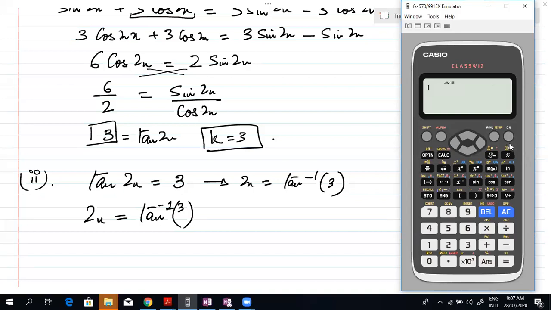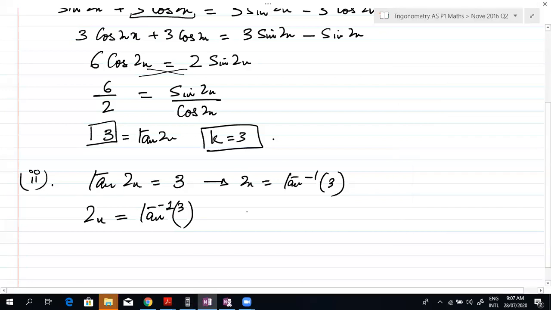The question says it was in degree mode since it's minus 90 to positive 90, and we have the calculator in degree mode, so that's fine. So tan inverse of just 3 is 71.56. I'll take that as 71.6. So I have 2x is equal to 71.6. This is the first angle that I'm getting.